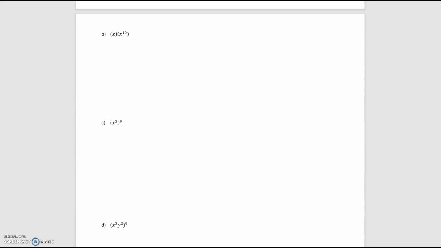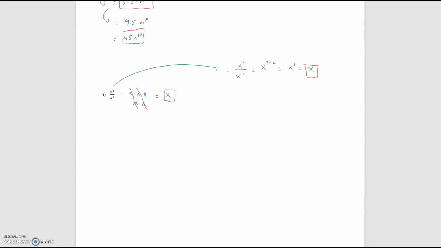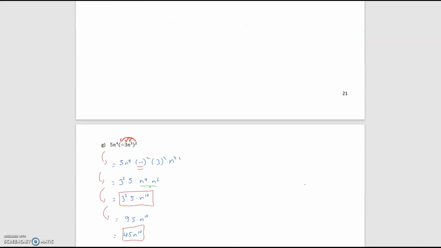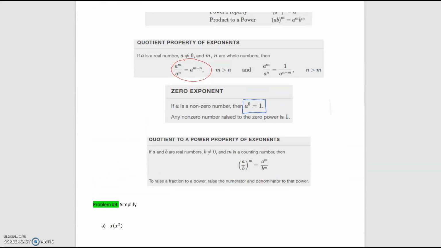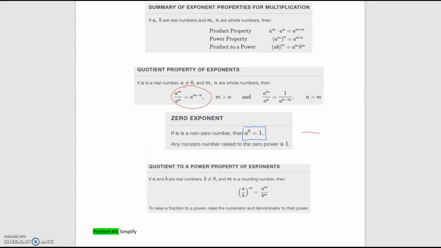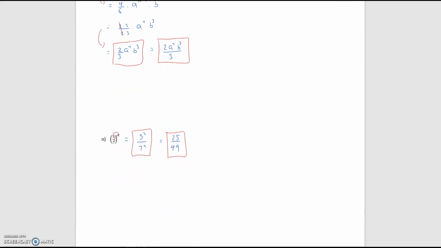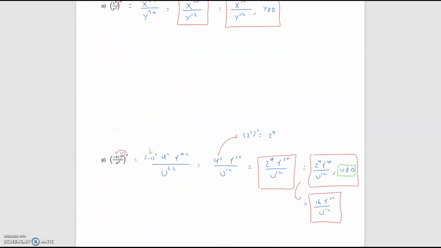Oh, I skipped it. Here. So this is the formula that I'm referring to. A can be any base. So the way that the problem is being expressed, the base happens to be multiple terms.